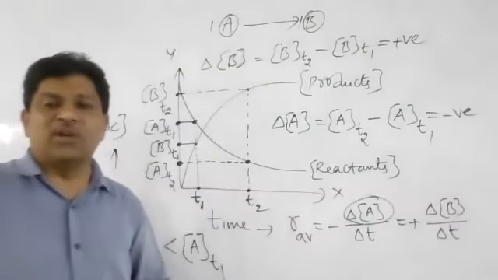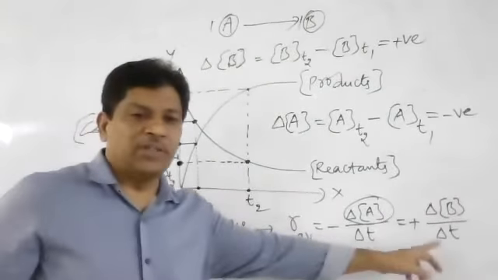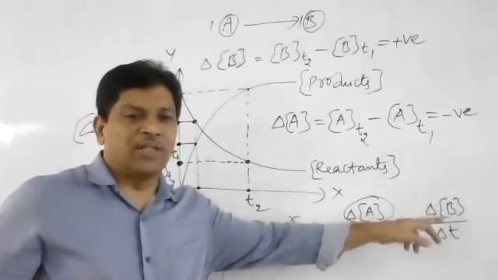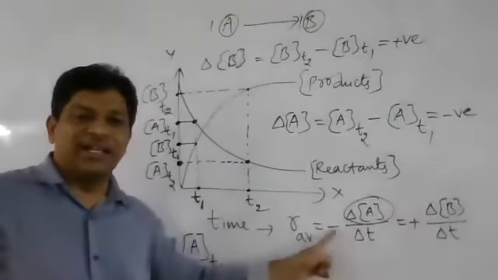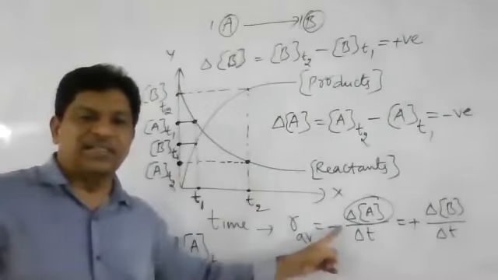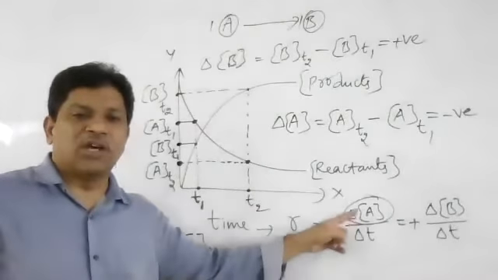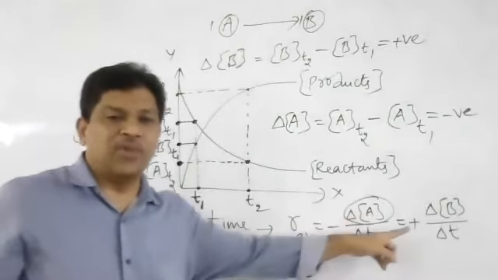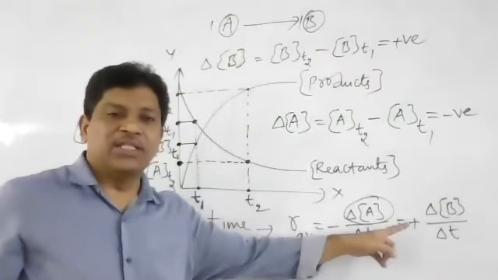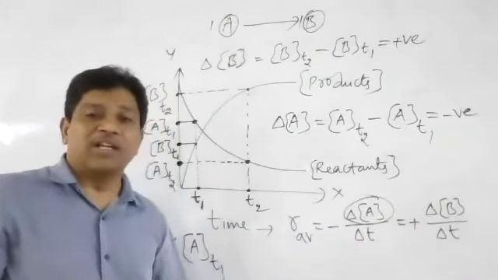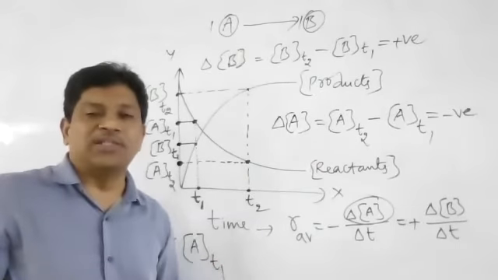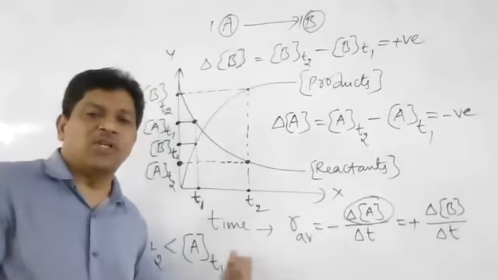Change by time means the rate: the rate of change of concentration of B. Here it is the decreasing rate of change of concentration of A, and here the increasing rate of change of concentration of B. Either one is called the rate of reaction.